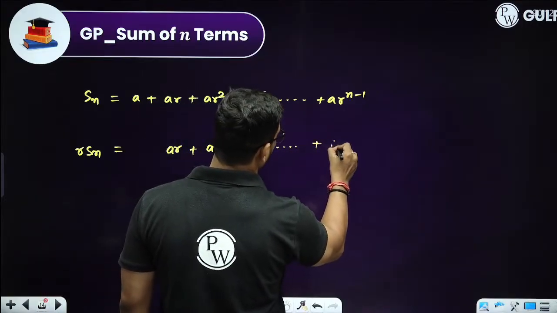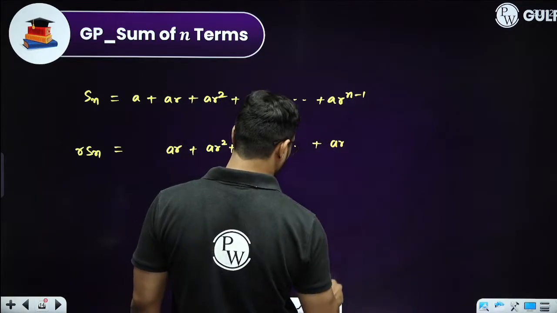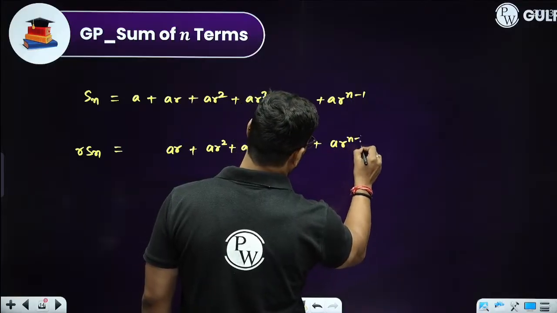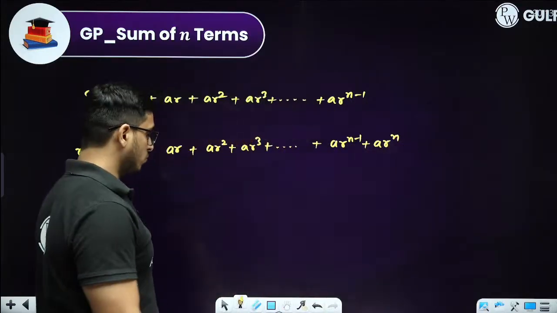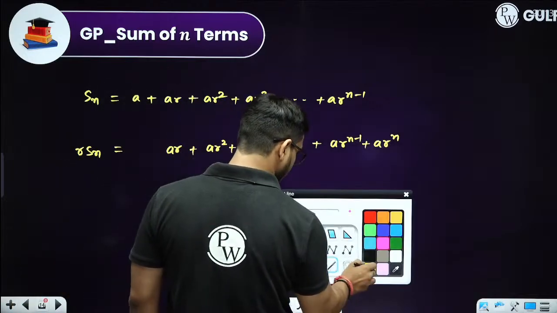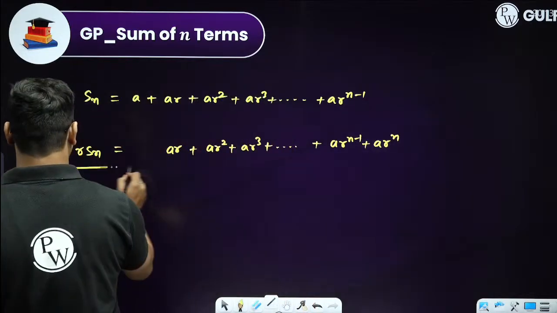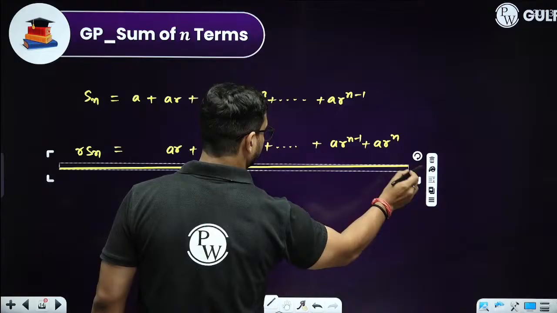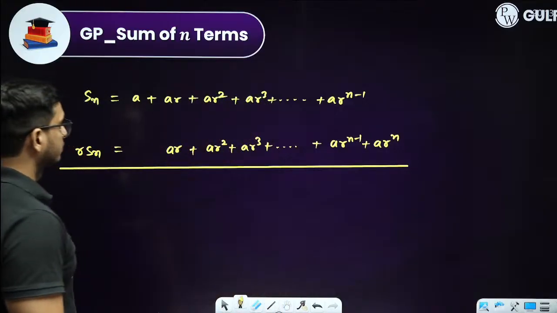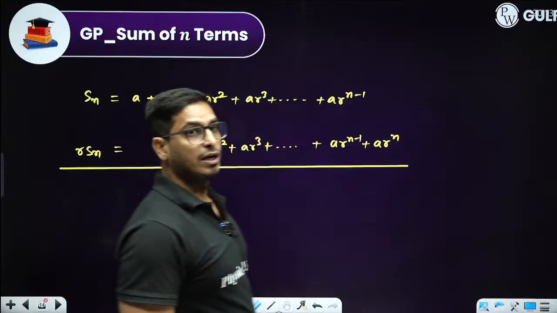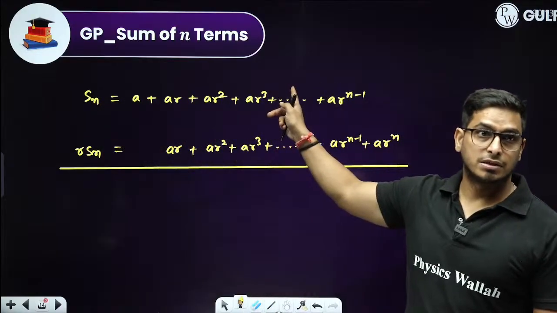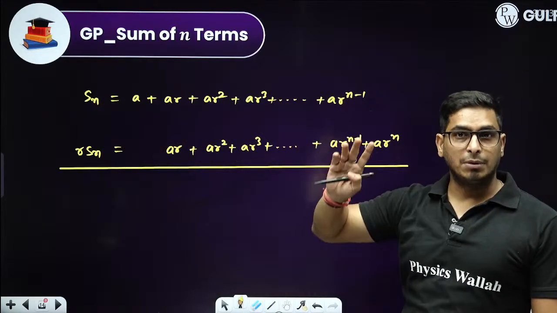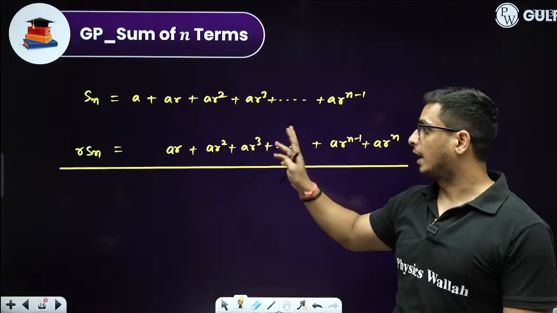We have here AR to the power n minus 1 and plus AR to the power n. Yes or no? See what I did? I multiplied by R in this series. R means common ratio.